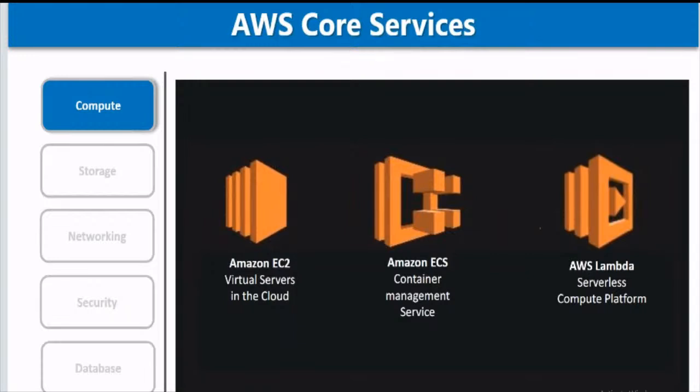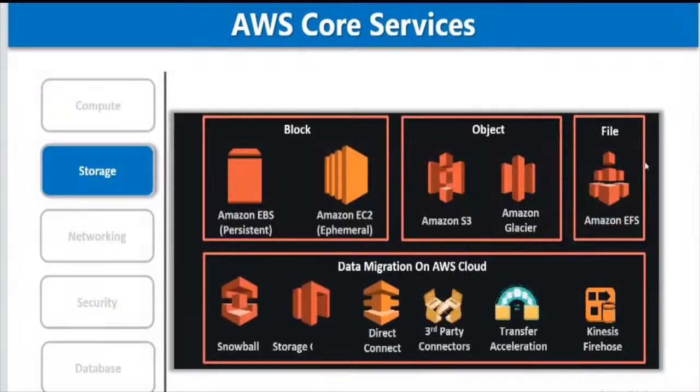Then we have storage services. In storage, we will be discussing different storage types. First of all, we have EBS, which we refer to as block storage. Block storage is what is referred to as EBS, Elastic Block Store here. Now, these are the storages that we attach to servers.